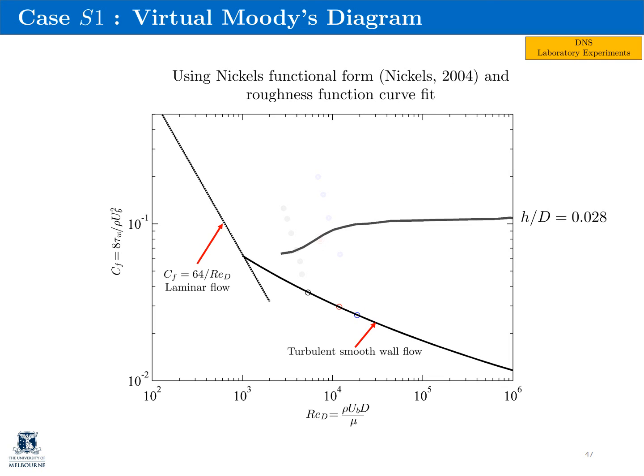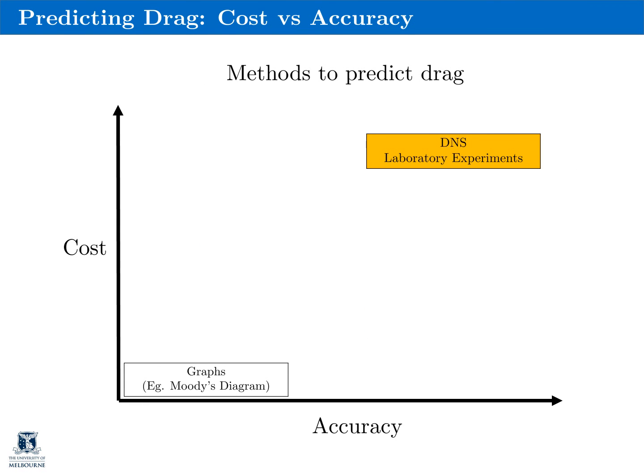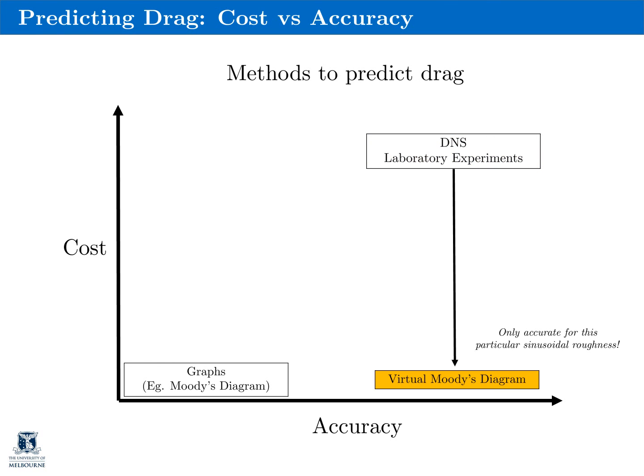Here, I have a line of constant relative roughness where h over D is equal to 0.028, and here h over D is equal to 0.056. And our data lies reasonably well on these lines. So, from the numerical simulations which we have conducted, we were able to create the virtual Moody diagram, which is able to accurately predict the drag of this particular sinusoidal surface.